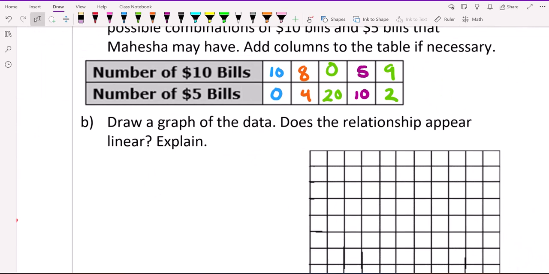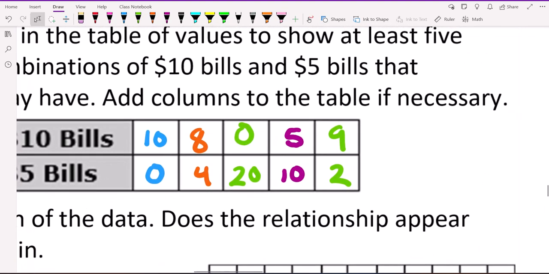And is it linear? If we look at this, our data definitely changes a lot. But the thing is, this is going up by 2, and this is going down by 8. Both of them are not consistent. This varies and this varies.